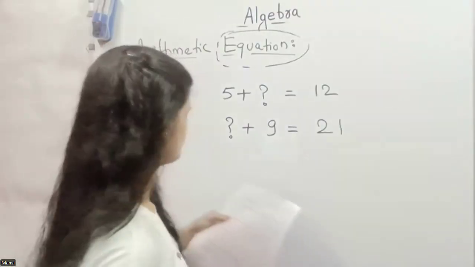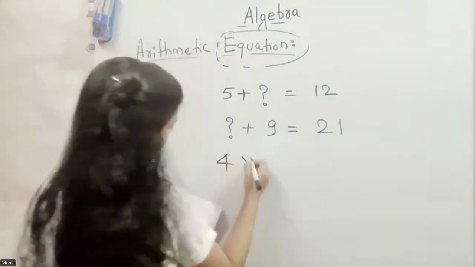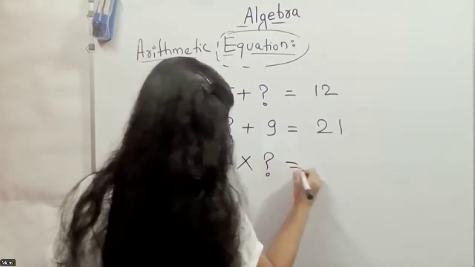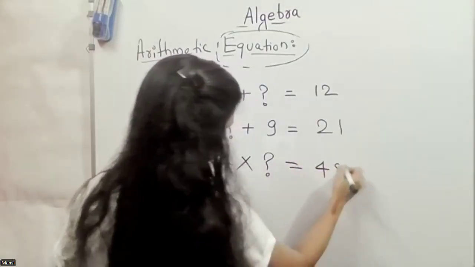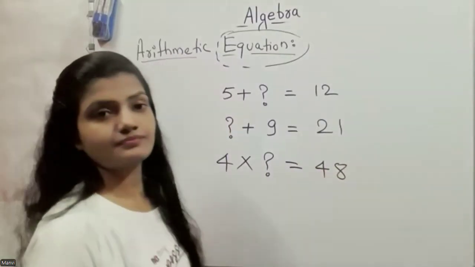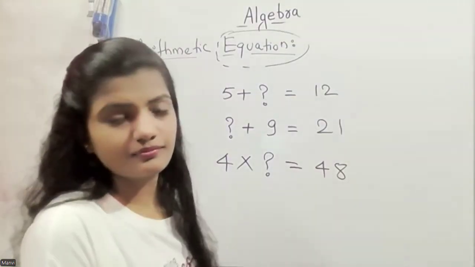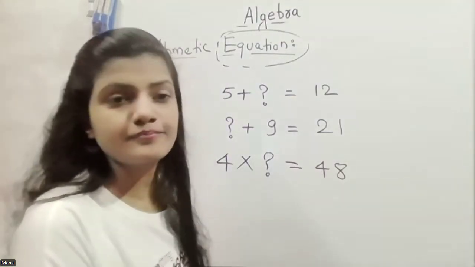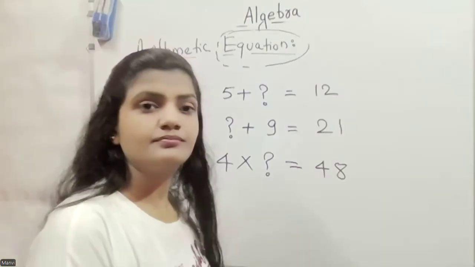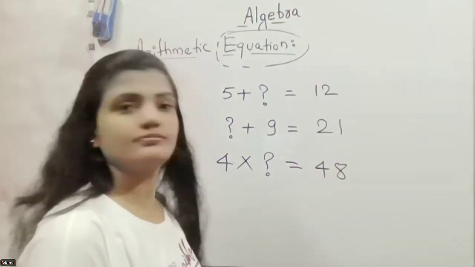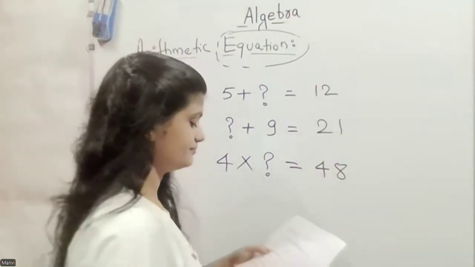Very good. 4 times what equals 48? 12. Yeah.